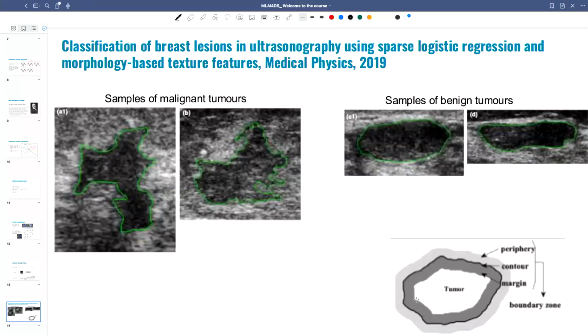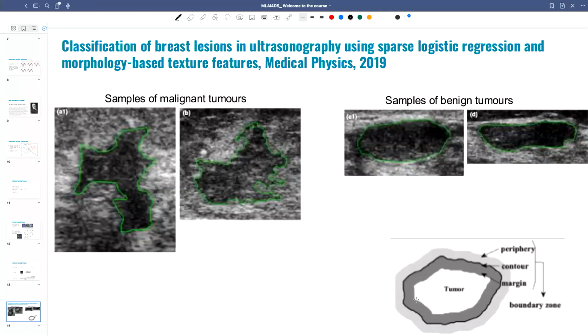She worked on classification of breast lesions in ultrasonography. And she wanted to classify whether certain lesions in the breast are benign, meaning relatively threatless or not dangerous, or malignant, meaning that could be a killer, okay?